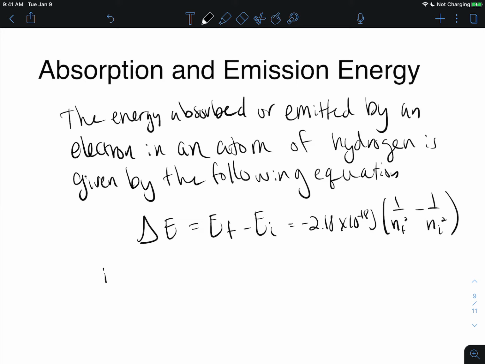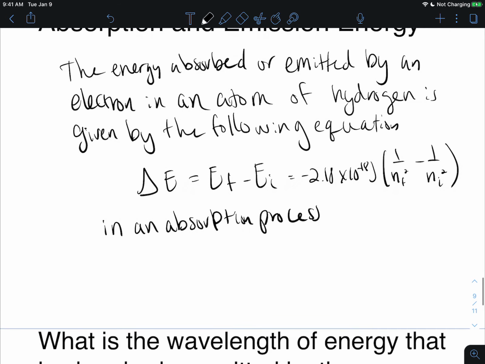So in an absorption process, our n final is going to be the excited state, and n initial is the ground state.